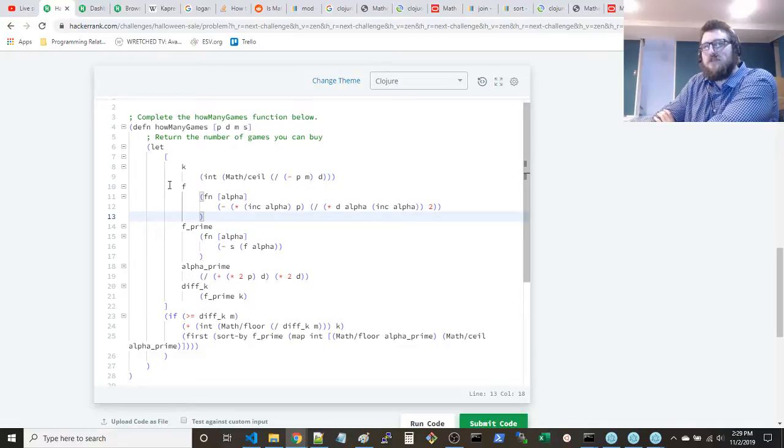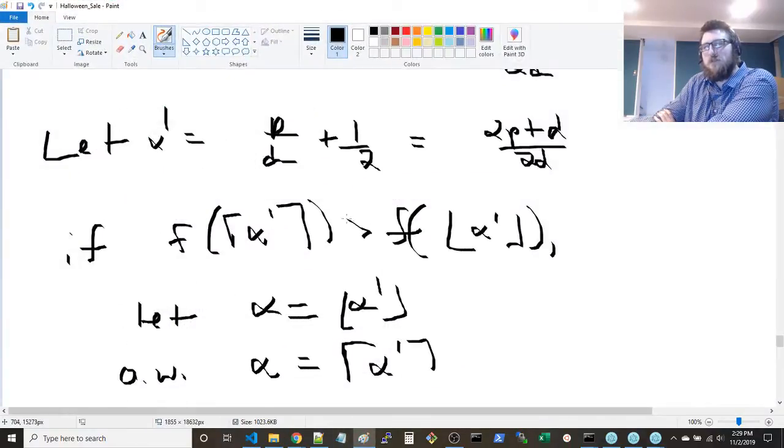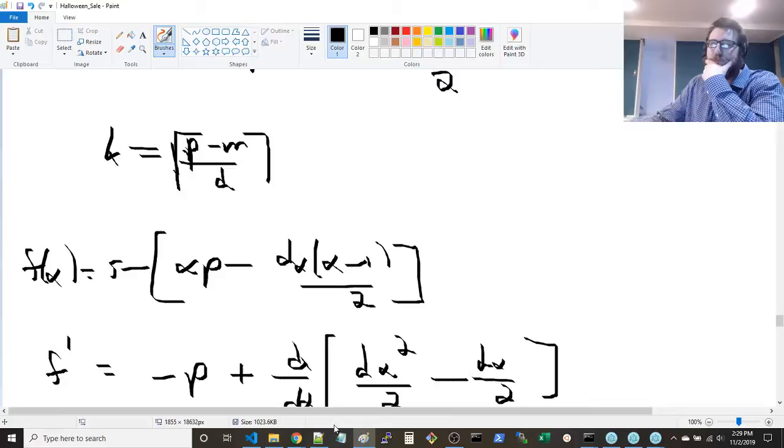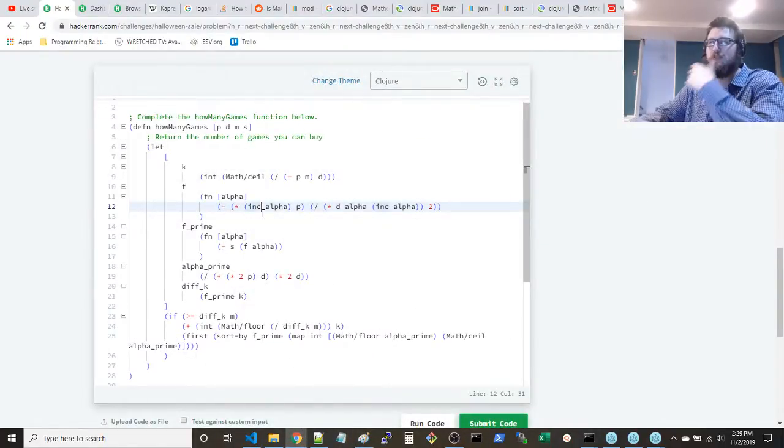Oh, well, I gotta change this, that's why. F has gotta change too. I didn't change that yet. That's probably the reason. Yeah, you just subtracted 1 from alpha, that's all, instead of incrementing alpha here. Leave it where it is. It's actually gonna be decrement alpha now.